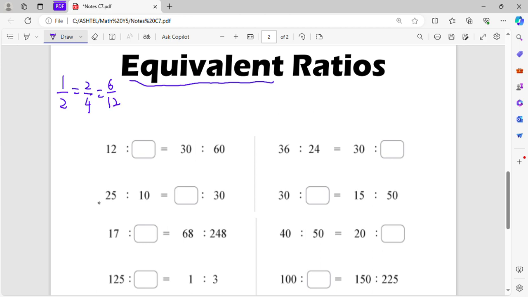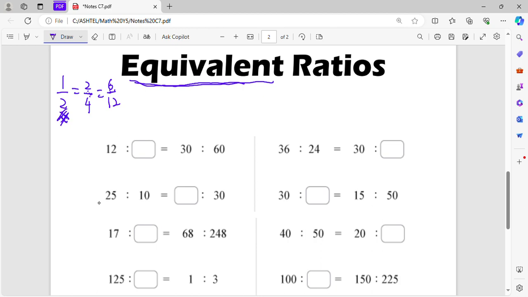So this is what we call equivalent ratios, meaning that once you simplify these big numbers, they become the smallest numbers. When you simplify 2 over 4, you also get 1 over 2. 6 over 12, once you simplify, you also get 1 over 2.